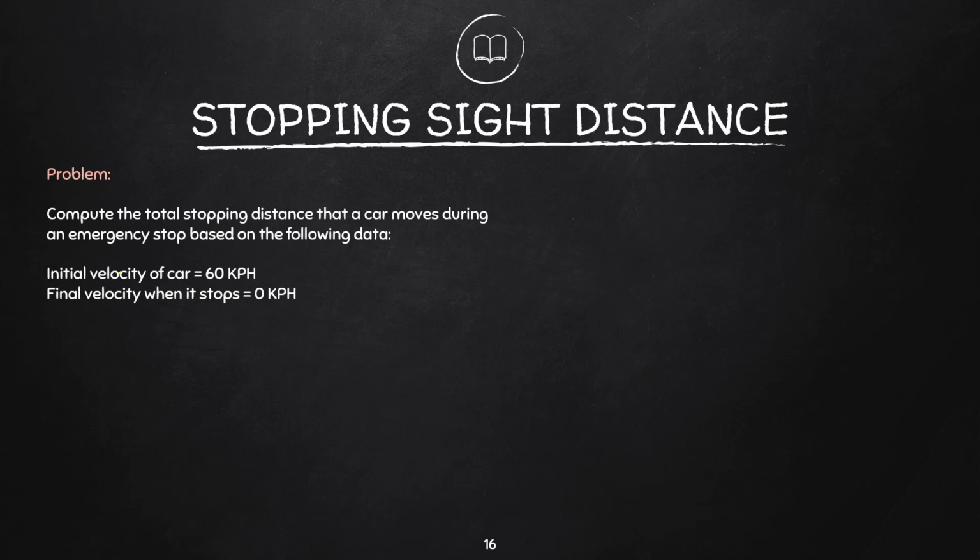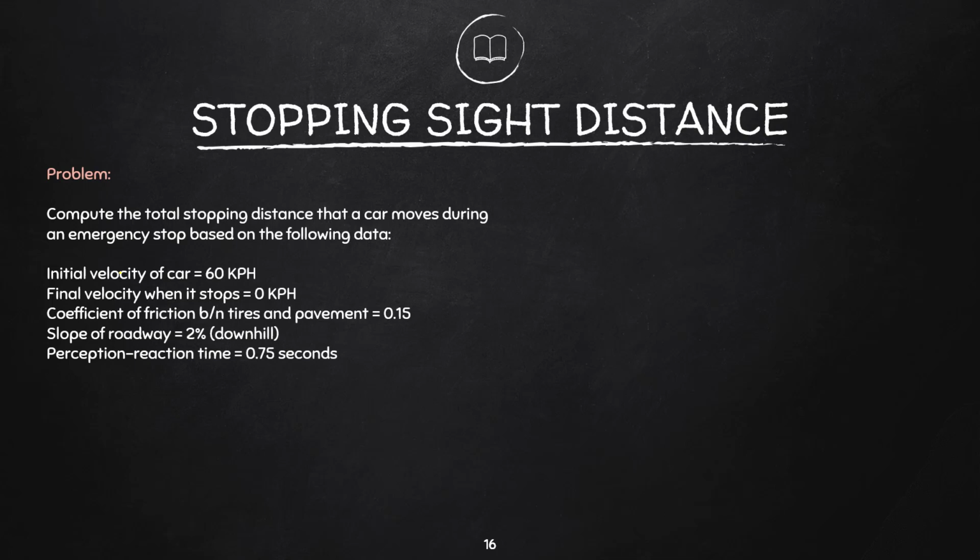The final velocity when it stops, of course, should be 0 kph, or kilometers per hour. Coefficient of friction between tires and pavement is 0.15, and the slope of the roadway is 2.2% downhill. Perception reaction time is 0.75 seconds.